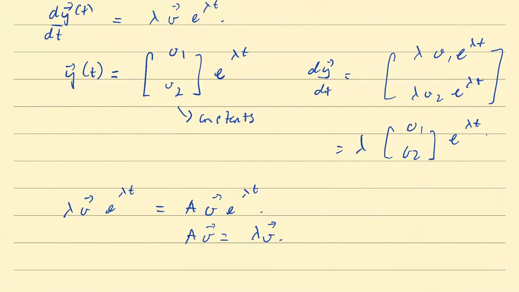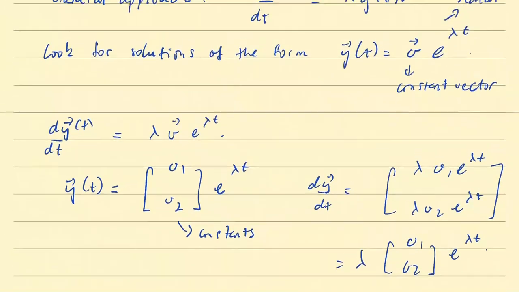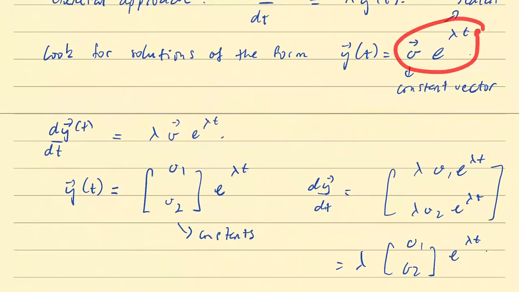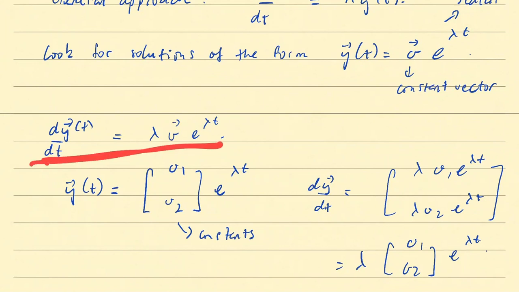Let me repeat what I told Carl. I plugged in this form of the guess. So basically, you guess the solution to be of this form, which is a scalar exponential function in time, multiplied with a constant vector. If you trace the structure, this is the derivative.